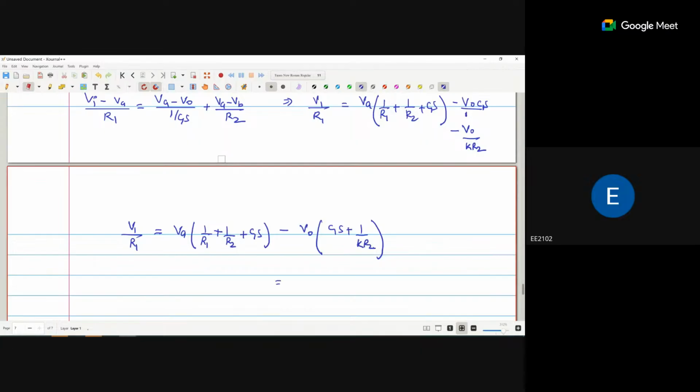That is minus V naught, K R2 common, so 1 plus K R2 C1S over K R2.